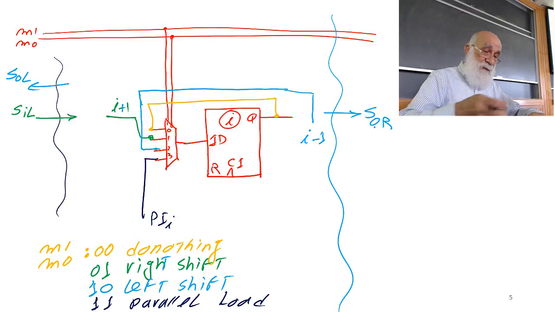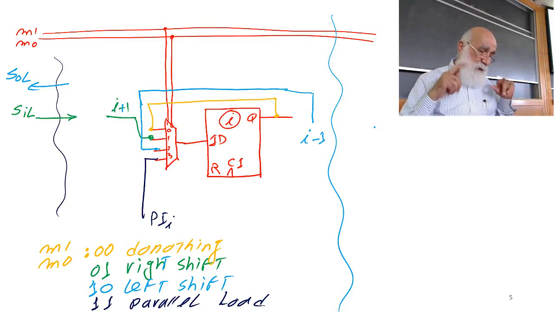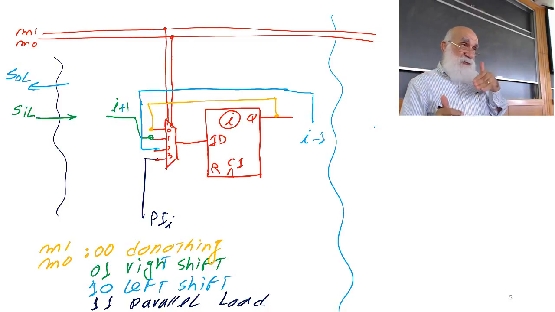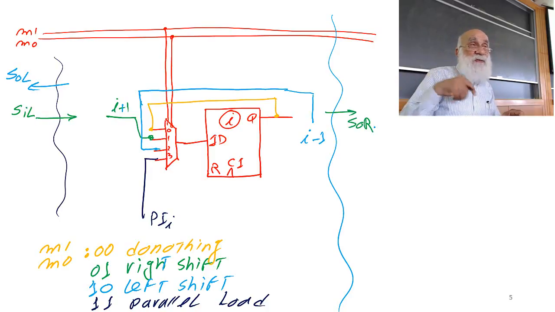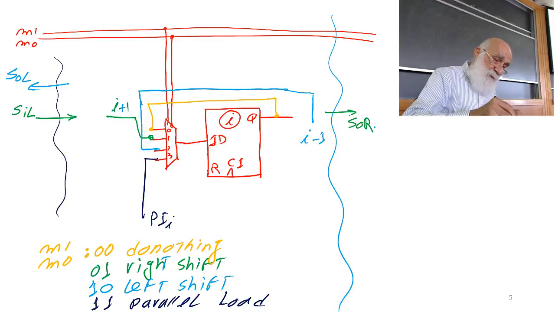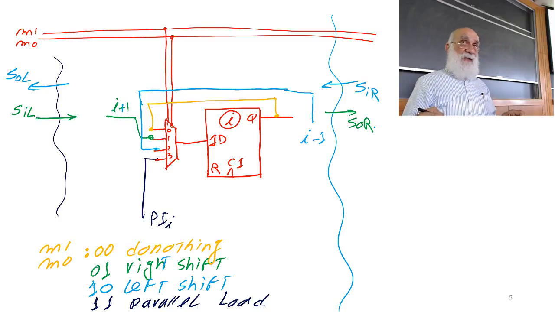Just 1 second. Let me do the coloring properly. When I'm right shifting, bit number 0 will be regarded as the serial out. So this is serial out from the right, used in the right shifting. In the left shifting, I have serial in coming in from the right, that goes into the input of the rightmost flip-flop.